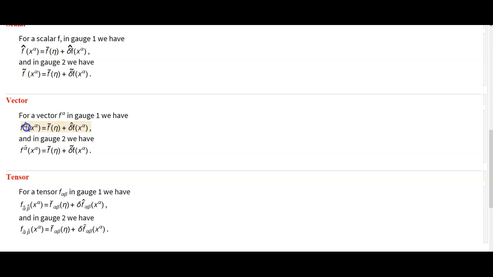This field F is F alpha, so we should have F alpha here.